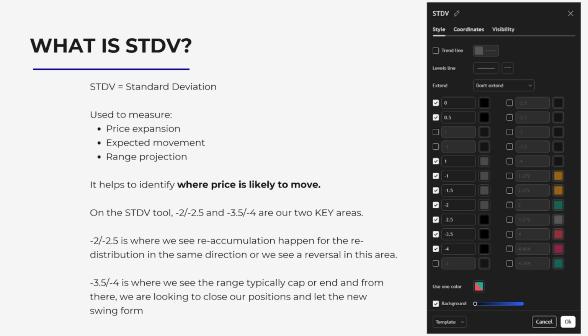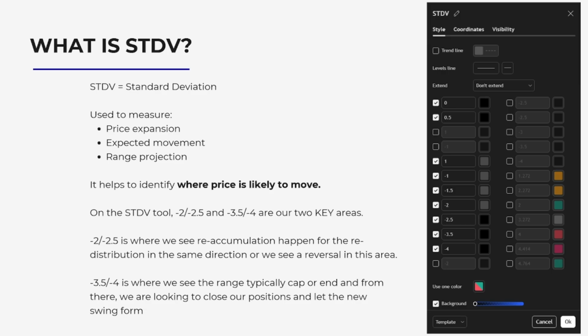Here to the right in this picture, I'm giving you my very settings for the standard deviation tool that I use. Standard deviation helps to identify where price is likely to move. We pay attention to two key areas: the negative 2 and negative 2.5, and also the negative 3.5 and negative 4.